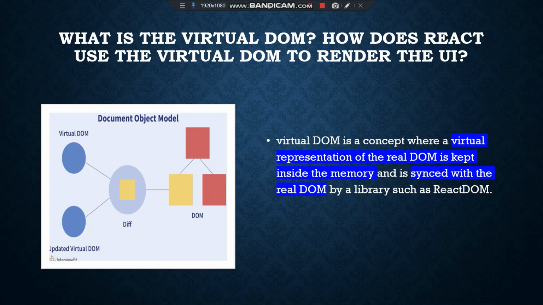Whenever the virtual DOM gets updated, React compares the two virtual DOMs and gets to know which virtual DOM objects were updated. After knowing which objects were updated, React renders only those objects inside the real DOM instead of rendering the complete DOM. This way, with the use of virtual DOM, React solves the problem of inefficient updating.